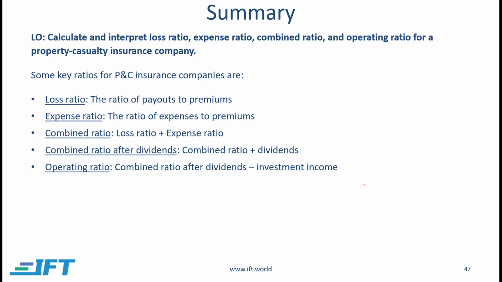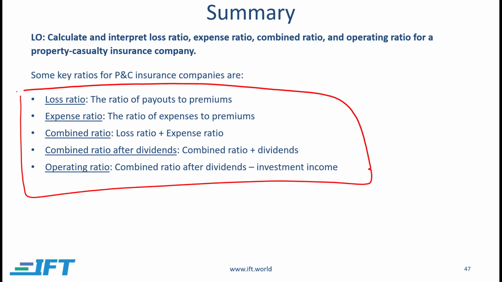Then we talked about the different ratios for insurance companies, specifically property and casualty. Number one, if you're getting $100 in premium and you're paying out $70 in policy payouts, that is your loss ratio, which is 70%.